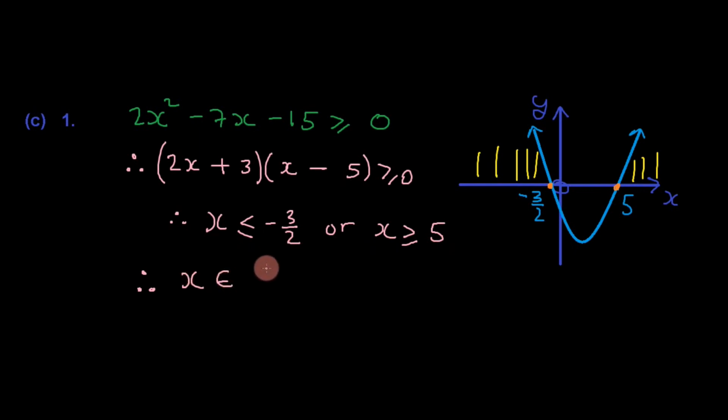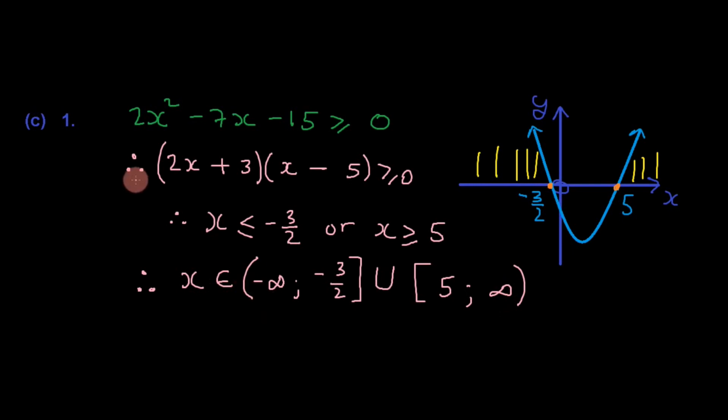X is an element of the first interval, which goes from negative infinity to negative 3 over 2, including negative 3 over 2, so we use a square bracket, union the second interval, where x goes from 5, including 5, to positive infinity, but always excluding positive and negative infinity. So this is the first part of the question. Let's look at the second part.